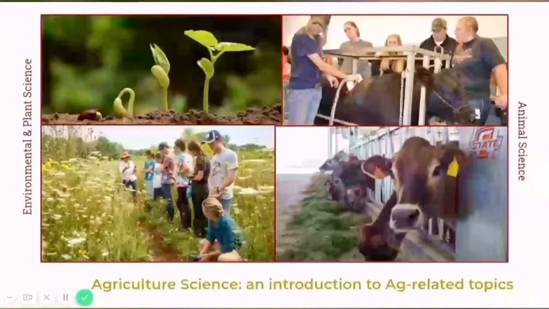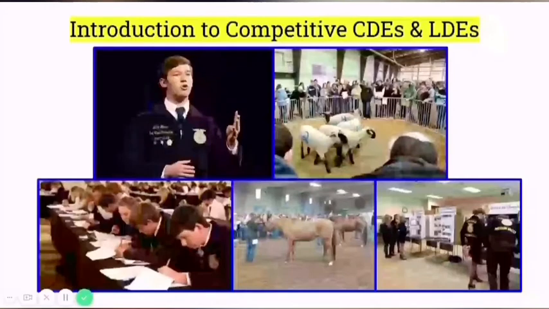Most of the time, greenhands learn about all these different topics in a basic agricultural science class. In the classroom, you'll also be introduced to the basics of competitive CDEs and LDEs. These developmental events include activities like dairy judging, livestock judging, parliamentary law, and prepared speech competitions.